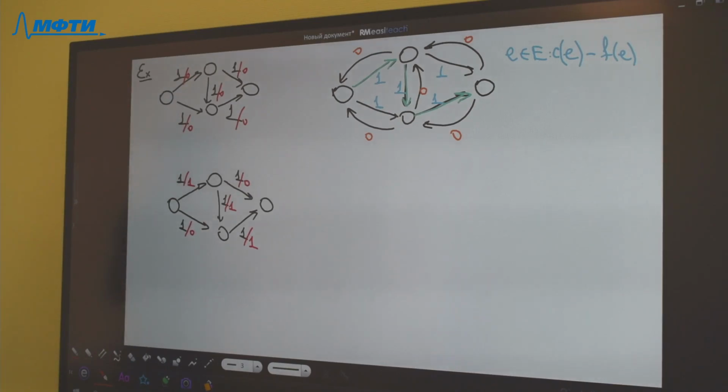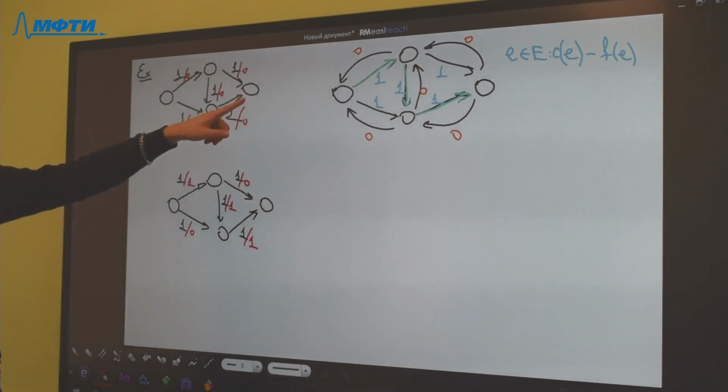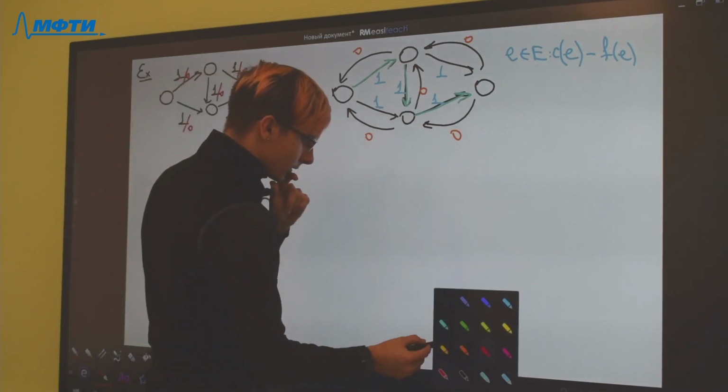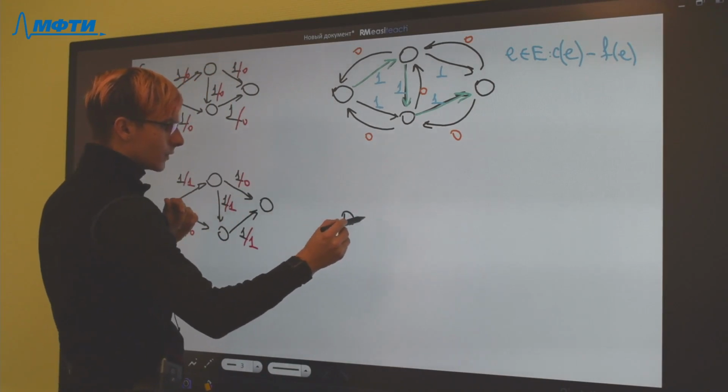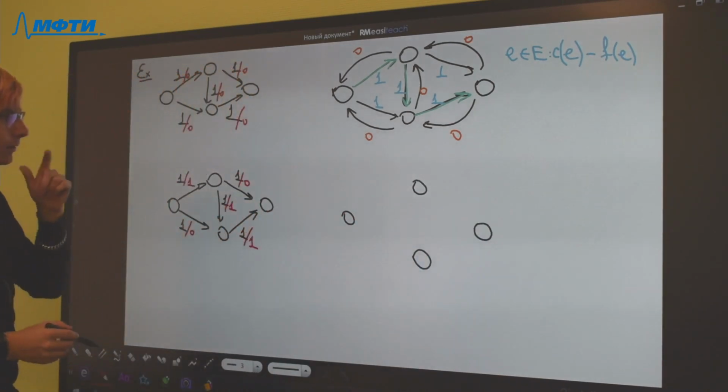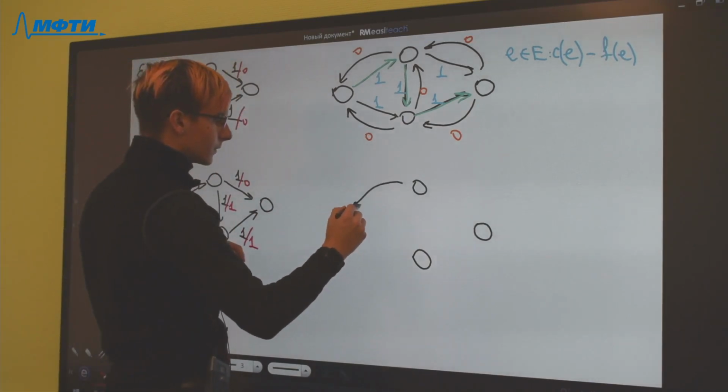Okay. And now it is important that we look for the augmenting path in the residual network for this flow. You can see that if I draw it, we have all of the edges.